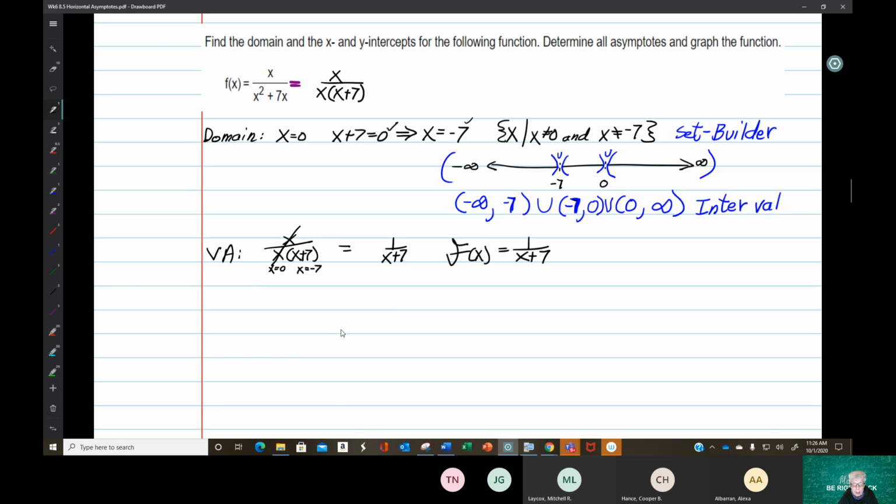All right, now we're stuck with x plus 7. So that'll give us x equals -7. This is going to be our only vertical asymptote. And this is going to give us our hole. And that really is 0. We're not going to be able to use x equals 0.